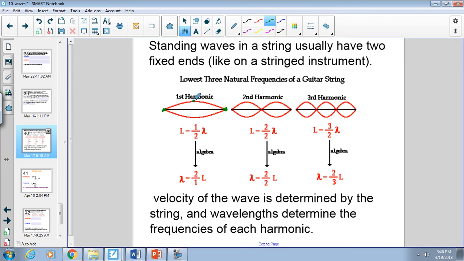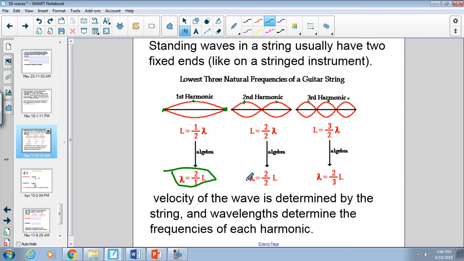So first harmonic, one antinode, second harmonic, technically it's two antinodes, or I can just count them right there. Third harmonic, right there. And the wavelength is determined by 2 times the length of the string. So in order to fit a whole wave in the first harmonic, it's got to go there and back.